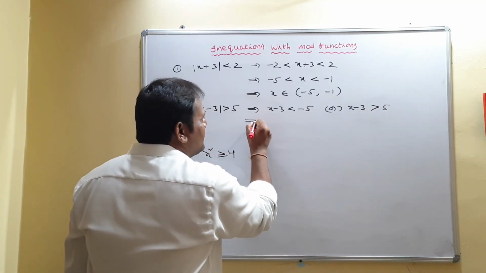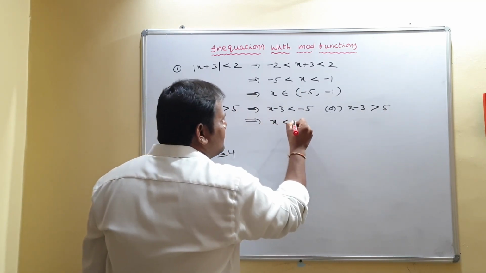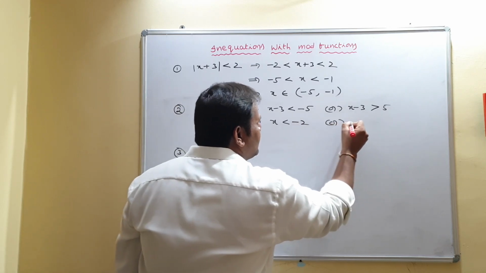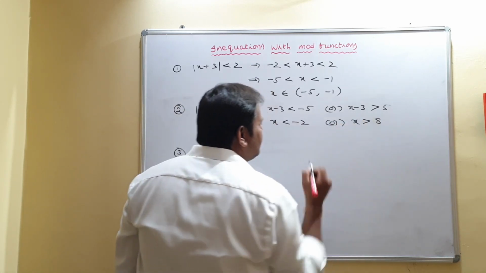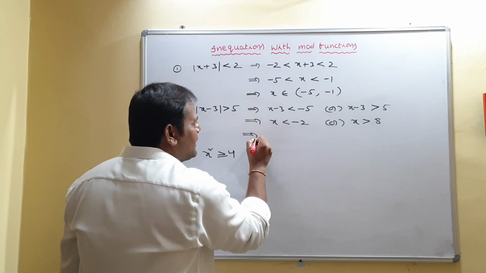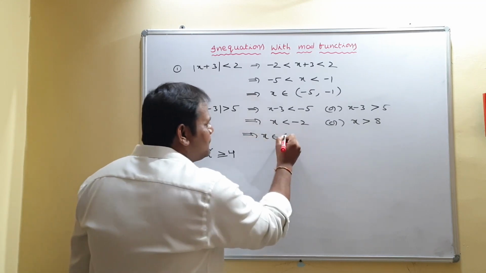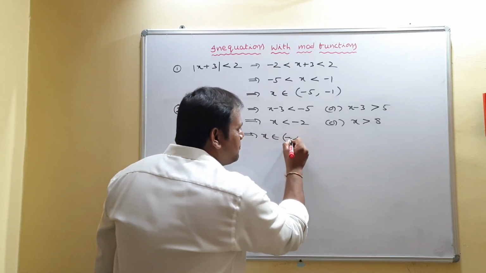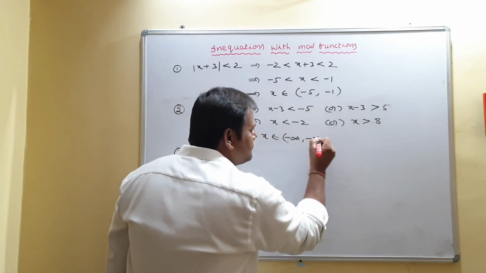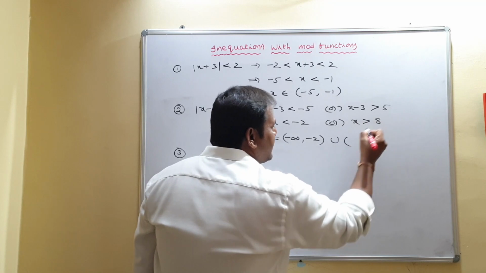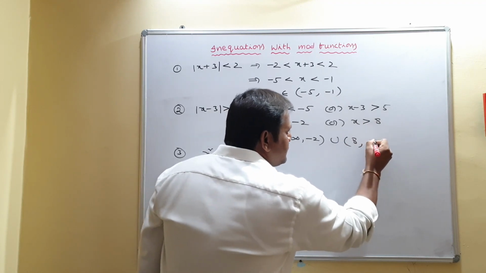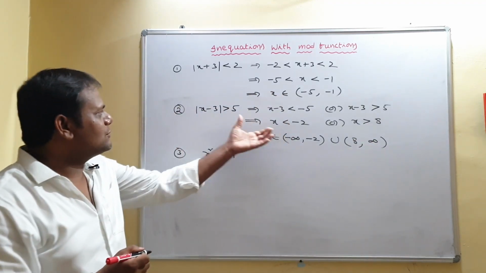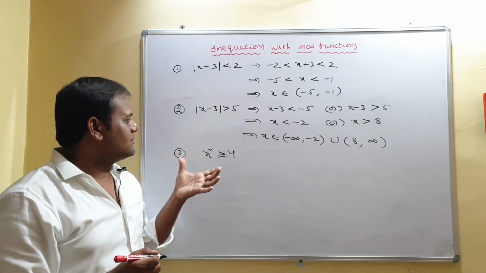So what you can get? That is x less than minus 2 or x greater than 8. So finally x belongs to minus infinity to minus 2 union 8 to infinity. So this is the solution to this inequality.